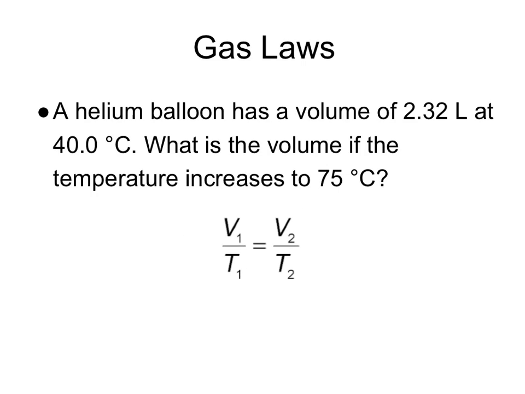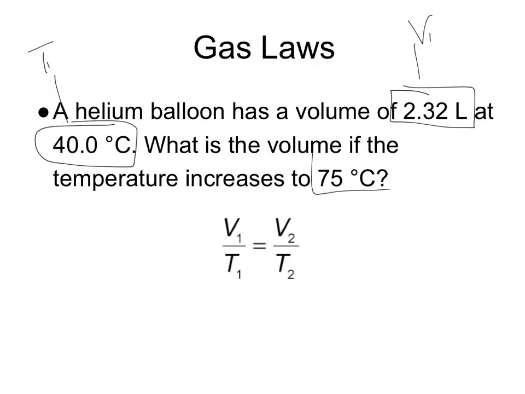So we have a helium balloon with a volume of 2.32 liters when the temperature is 40 Celsius, and then if the temperature increases to 75 Celsius, what would be the new volume? So here is volume 1. Here is temperature 1. Now that's in Celsius, so we're going to have to convert that. This is temperature 2. Again, that's in Celsius, so we need to convert.